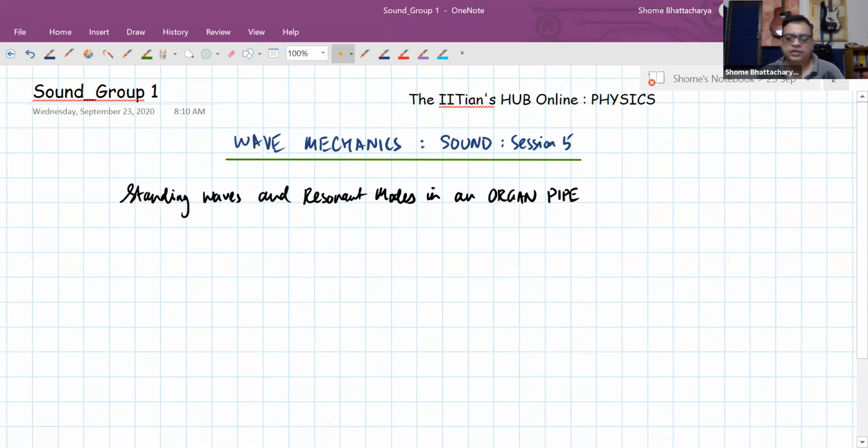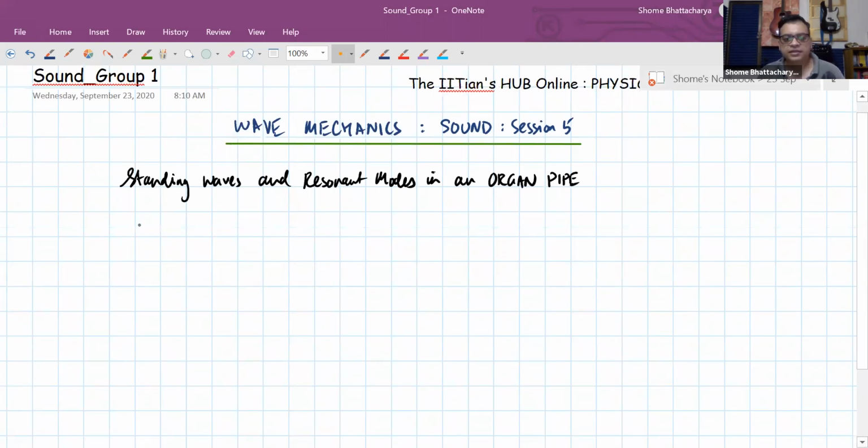Okay, so what we had seen last time is that the standard type of organ pipes are open organ pipe, wherein both ends are open.